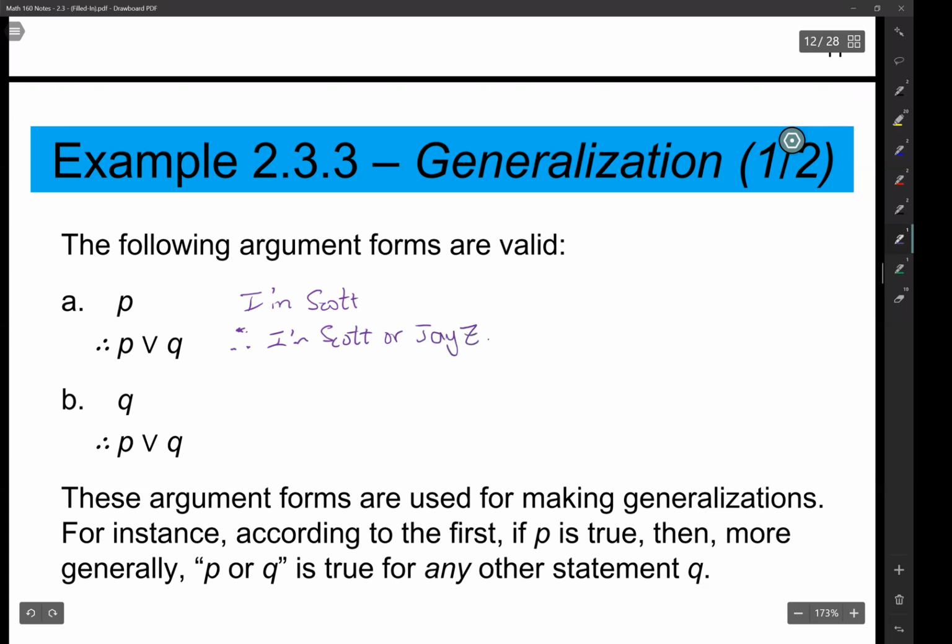I mean, it makes sense. If I'm Scott, then I'm allowed to say I'm Scott or Jay-Z or Iron Man, or anything like that. And same thing with Q. This is like saying I'm Jay-Z. Then what Jay-Z is allowed to say is that he's allowed to say I'm Scott or Jay-Z.